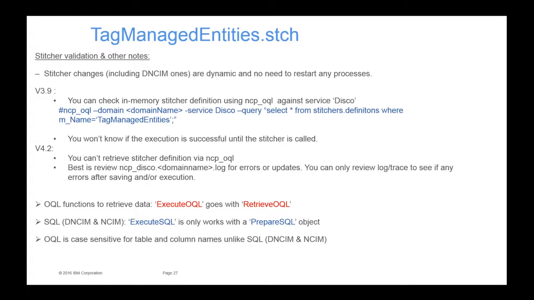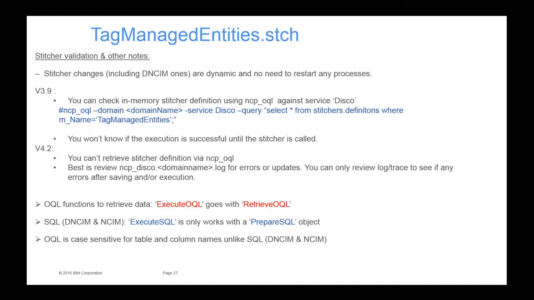Some key notes here, the stitcher validation and other notes. All the stitcher changes are dynamic. You don't need to restart any process. In 3.9, you can check the memory resident definition of the stitcher using OQL. But you won't know if the stitcher is working or not unless the stitcher is called. You can read what is there in the memory.